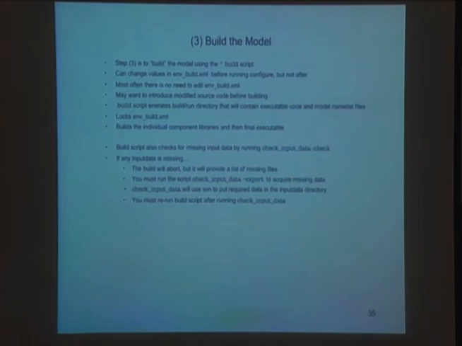And then finally, it looks at those lists of files that all the components needed to get off the ground, all the input files, and it checks to see if they're in your input data directory. And if they're not, the build is going to abort, and it's going to say, I'm aborting because you don't have all the input data you need. You need to go get it.